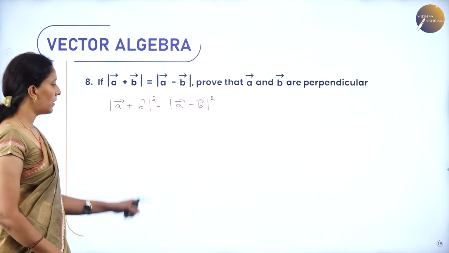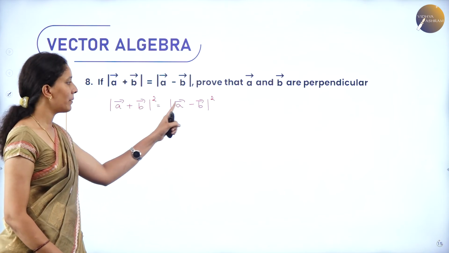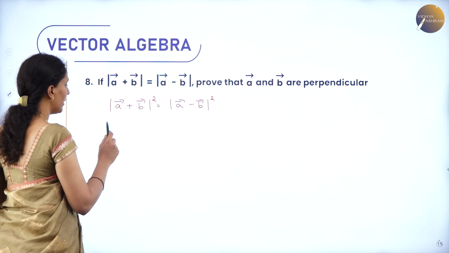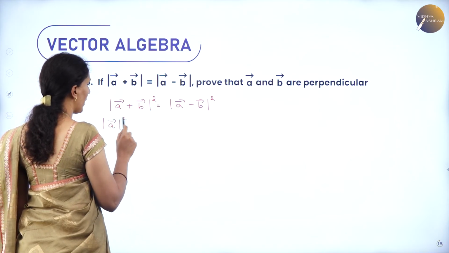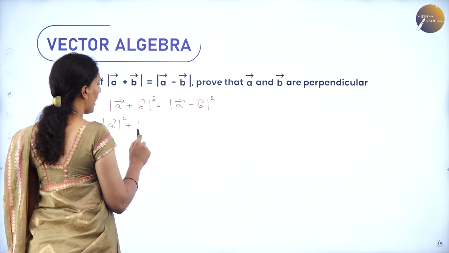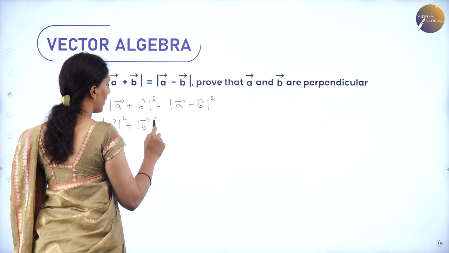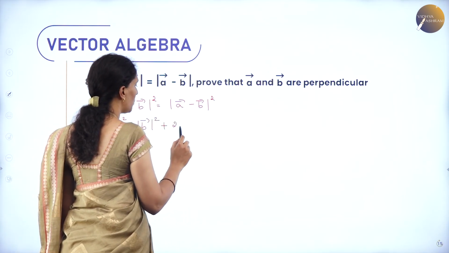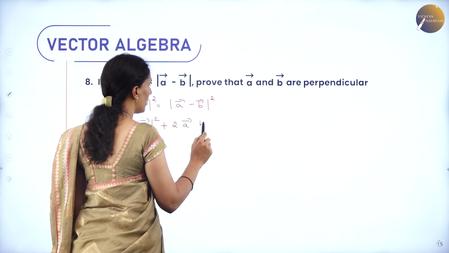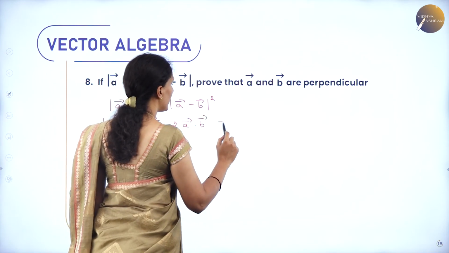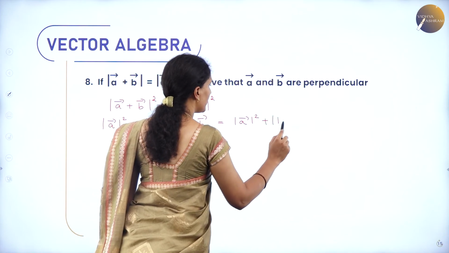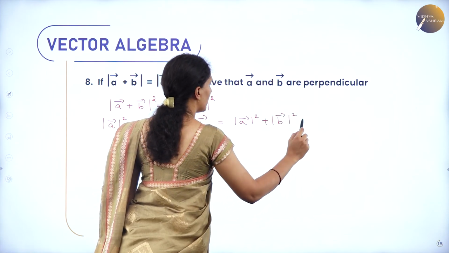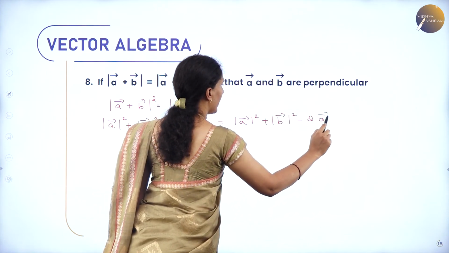Now use the formula A plus B whole square and A minus B whole square. Then here it becomes magnitude of vector A square plus magnitude of vector B square plus 2 times vector A dot vector B. And on the right hand side we get again A square plus B square minus 2 times A dot B.